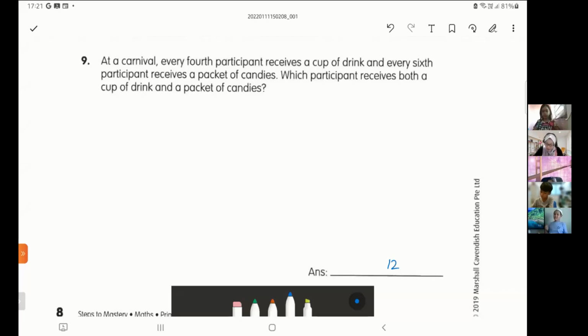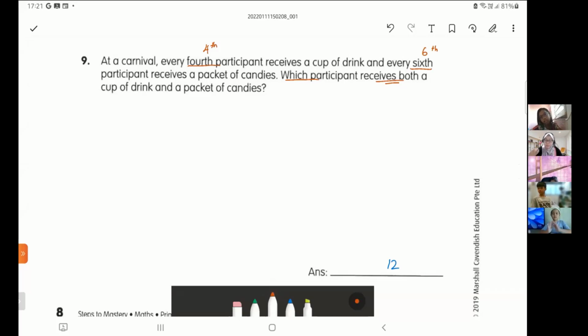Okay, at a carnival, every fourth participant, fourth means number 4, receive a cup of drink, and every sixth participant receive a packet of candies. Which participant receive both a cup of drink and a packet of candies? So what are they trying to tell you here? Multiples.